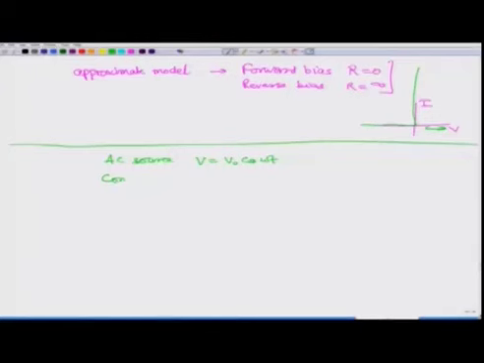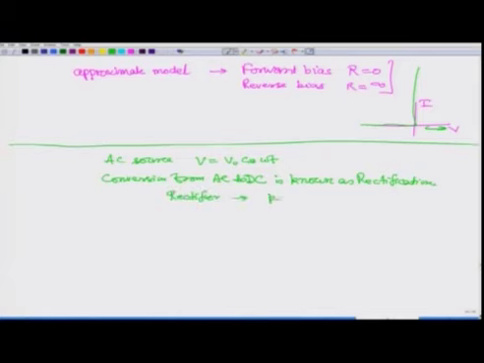So, conversion from AC to DC is known as rectification, and the unit that does this is called a rectifier.